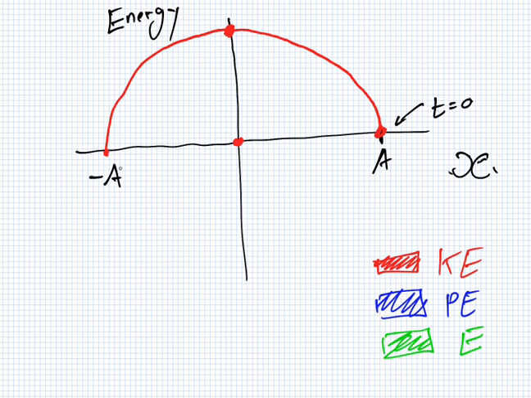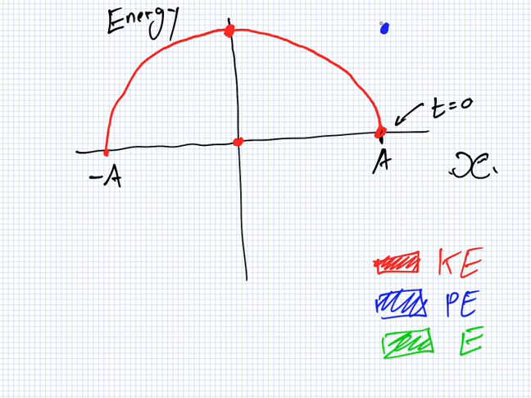Now, potential energy. At the beginning, when x is A, is there a lot or a little potential energy? What's the story for potential? There's a lot. Why? Yeah, when the spring is fully pulled, it has lots of potential energy inside of it. And when you let go, it moves quickly.